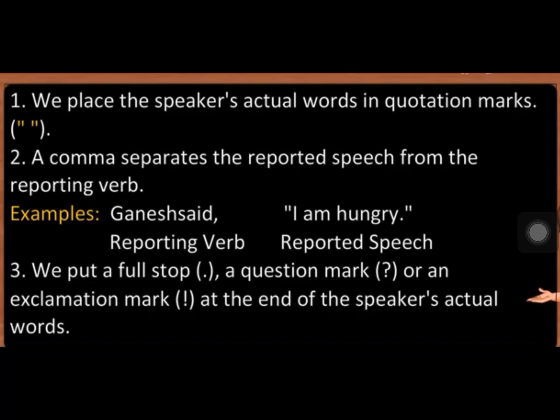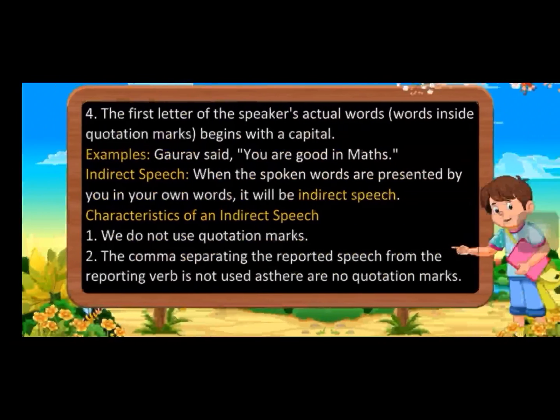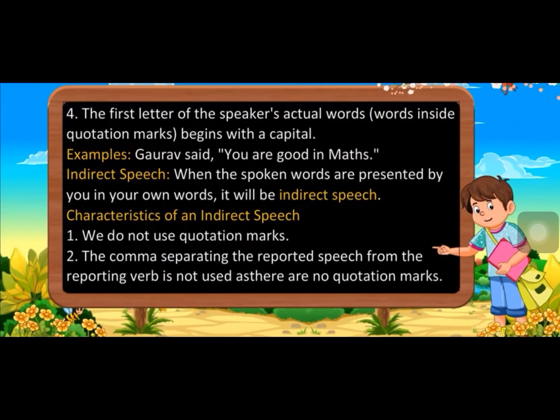All these kinds of sentences we come across in direct speech. You should be able to recognize the kinds of sentences also. The first letter of the speaker's actual words inside quotation marks begins with a capital. Gaurav said, "You are good in maths." You, Y is in capital letter.